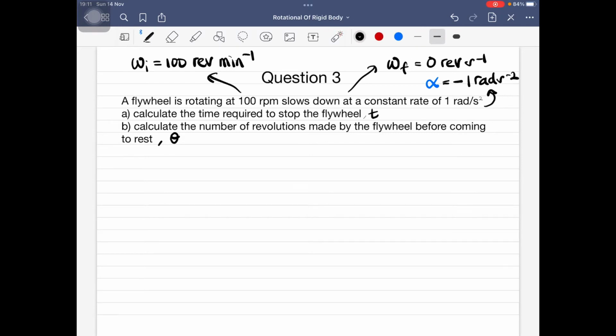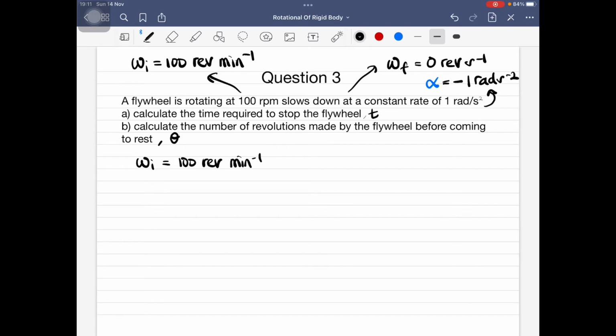For this one, I'm going to use revolution as the unit for angle, and for time I'm going to use second. So omega I, your initial angular speed, stays in revolution, which means I need to convert the minute into second. Omega initial is equal to 100 revolution per minute.